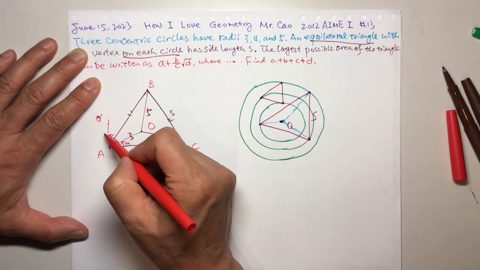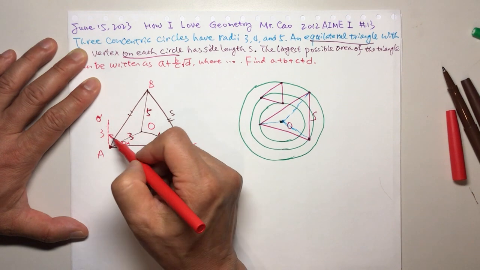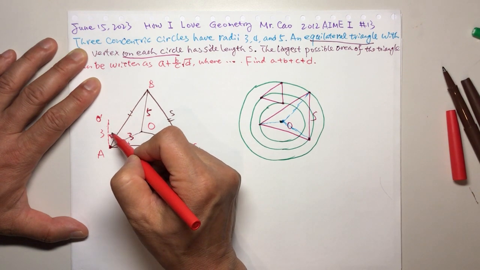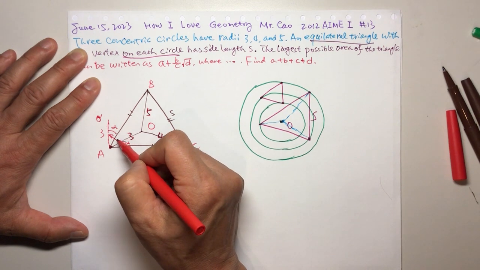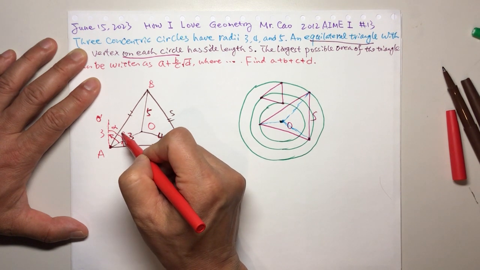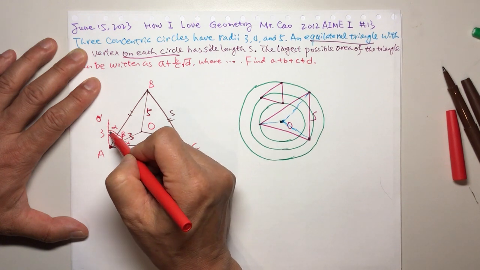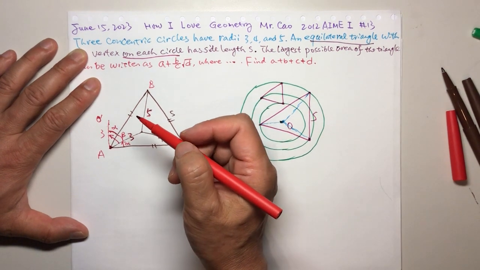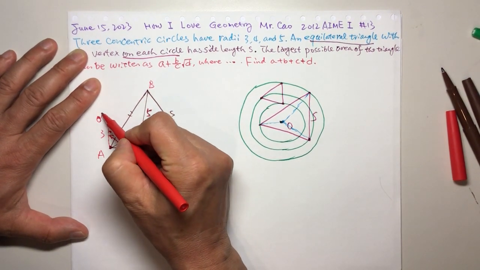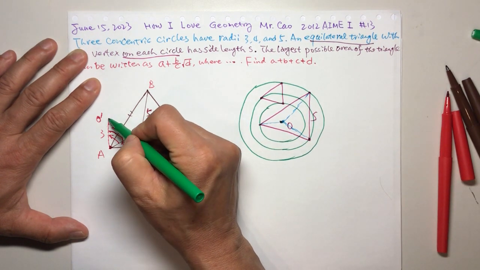This is O prime, and O prime A is also 3, because I just rotated. Of course this angle is alpha, because this angle here is beta, and alpha plus beta is 60 degrees. If I rotate 60 degrees, this angle will be alpha. Now let us connect O prime and B.